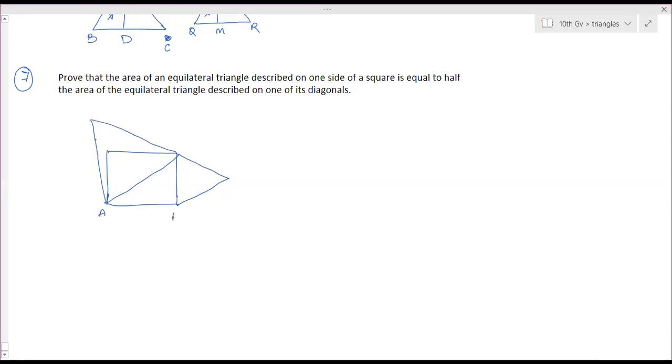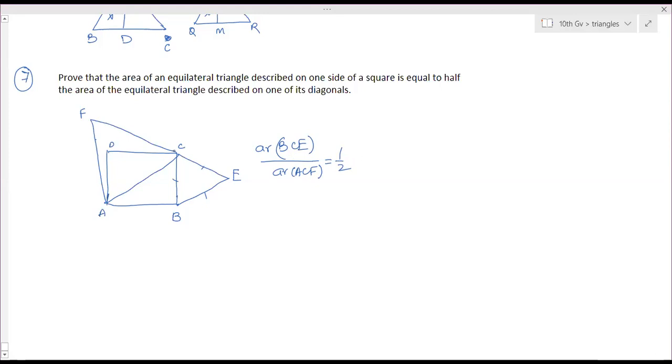So this is A, B, C, D. This is E and this is F. So we have to show this equilateral triangle BC is... area BCE by area ACF is equal to 1 by 2.